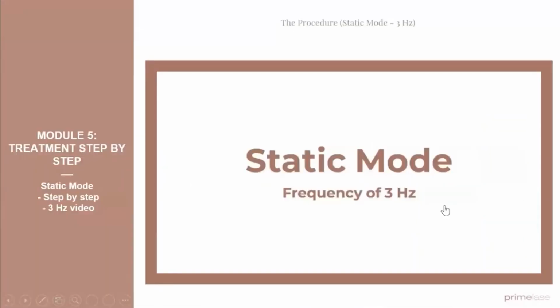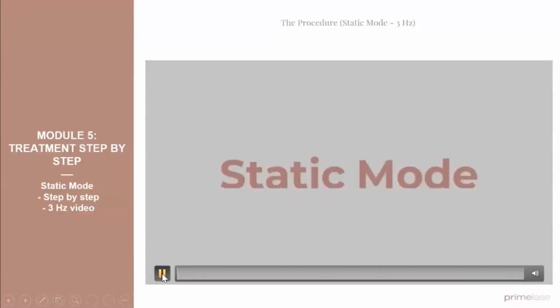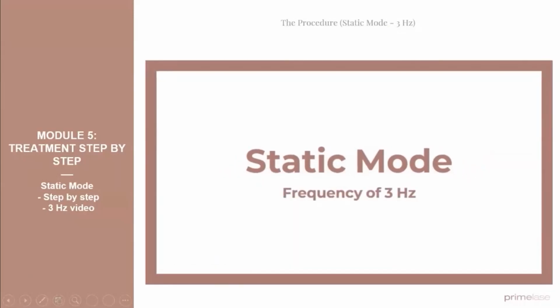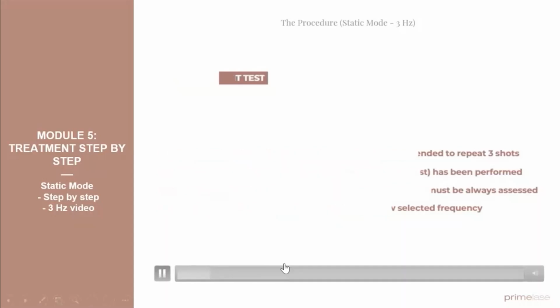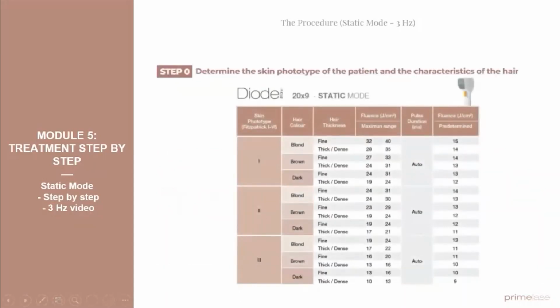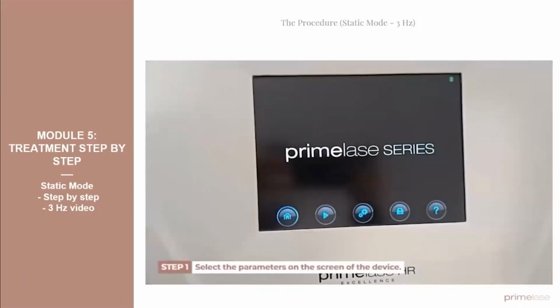So how does the static mode look? Here you have just an example. All this can be checked to know exactly what the procedure is. Don't worry about this. We have the treatment table, we select phototype, hair color, and thickness, and as I said, it will give us the parameters to be used.